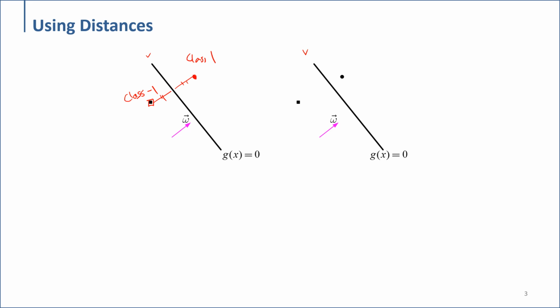But in the second case, this decision boundary is more toward class 1. So for more general cases, we can think that case 1 is the better decision boundary.